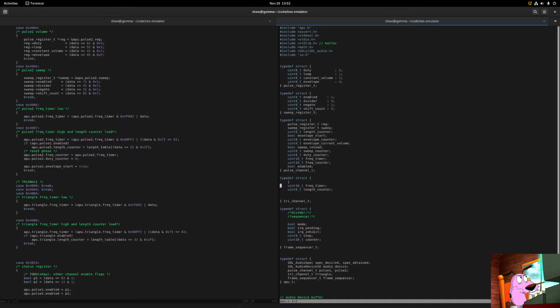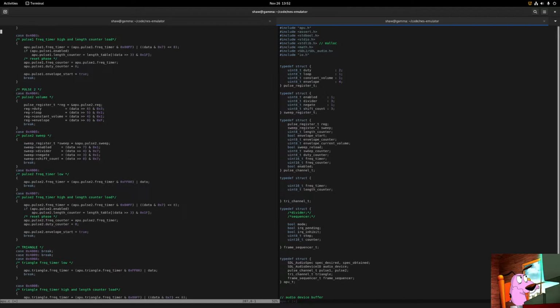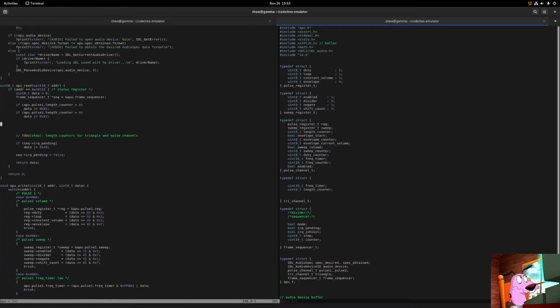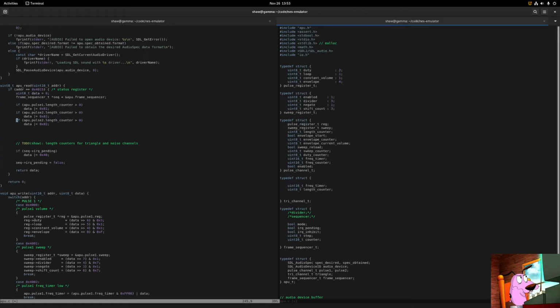Okay, so apparently you can read APU read 4015. Length counters. Right, so triangle length counter, it's bit 2.